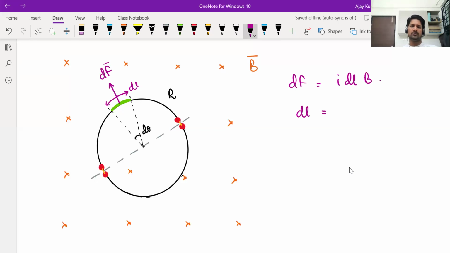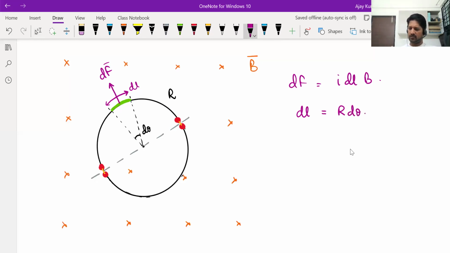How do you express it in terms of radius and angle? Okay, L is equal to R theta, so dl is equal to R d theta.